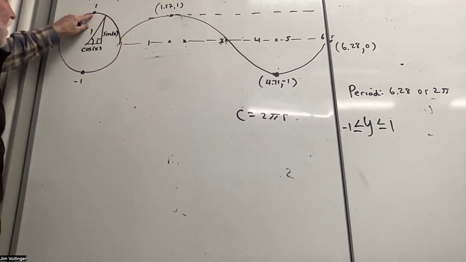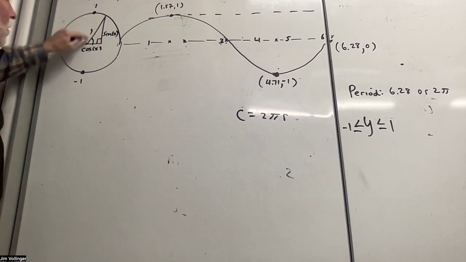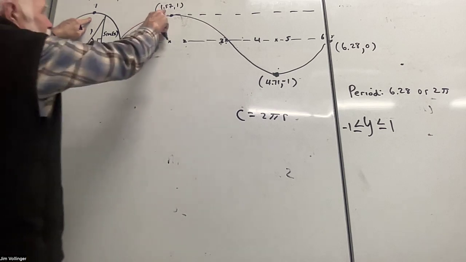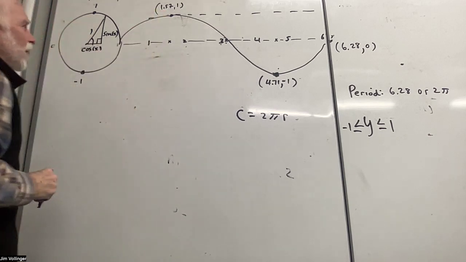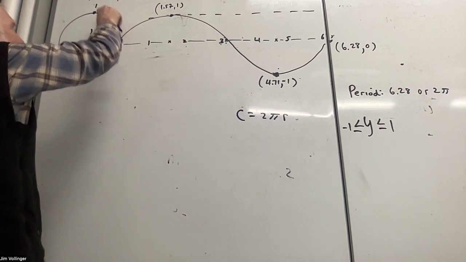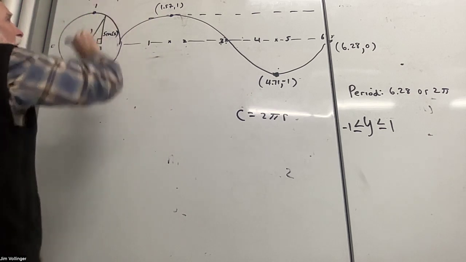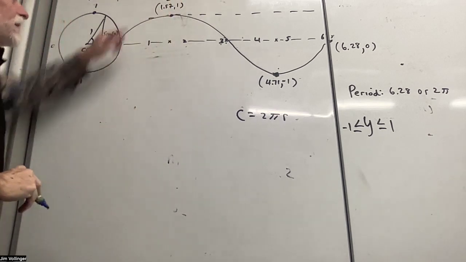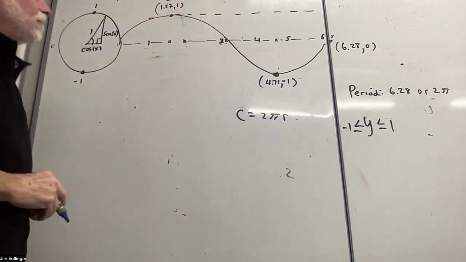And so the biggest it ever gets is straight up, where the radius matches with straight up and height of 1. And that takes place at 1.57 radius lengths. There's one radius length and another 0.57. And if you saw that as pi over 2, good for you. All right, that's an exact value. This is an approximation.